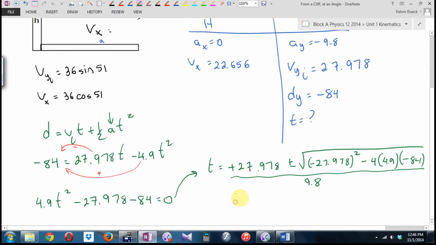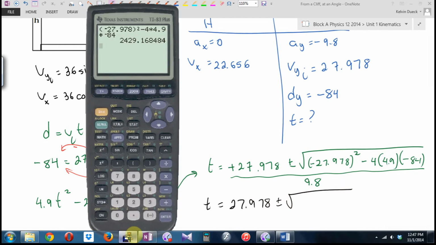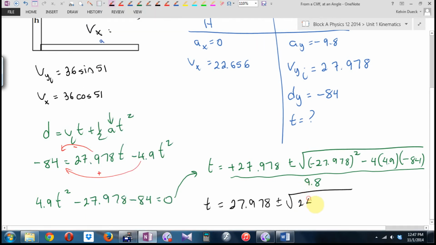This is going to be t equals 27.978 plus or minus the square root of 2429.17, all over 9.8.